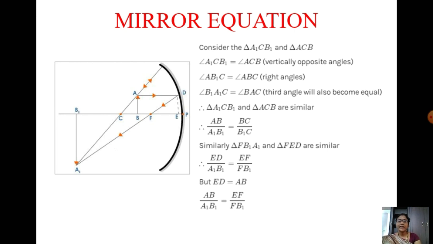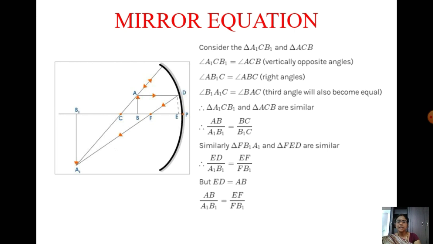So in this ray diagram, we can get two similar triangles. So by means of the concept of similar triangles, we can derive this mirror equation. So first of all, we have got two similar triangles in this ray diagram. What are the two similar triangles?